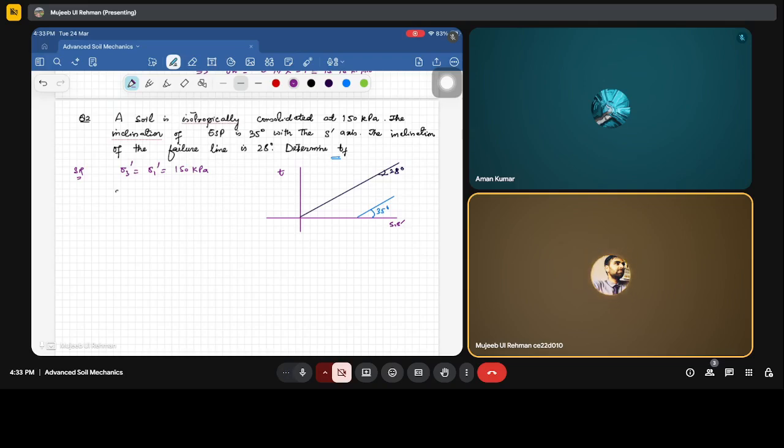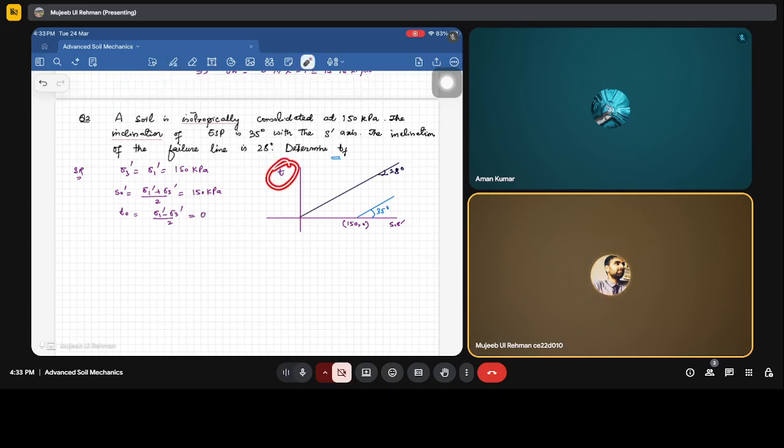So S naught dash is equal to sigma 1 dash plus sigma 3 dash divided by 2, that is 150, and T naught dash is equal to sigma 1 dash minus sigma 3 dash divided by 2, which is 0. So our first point comes out to be 150 comma 0, correct?